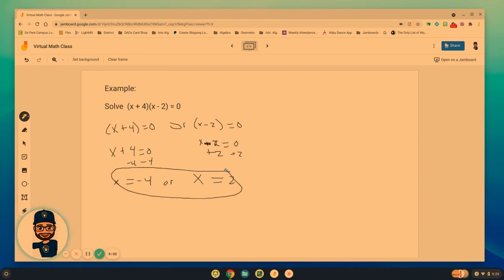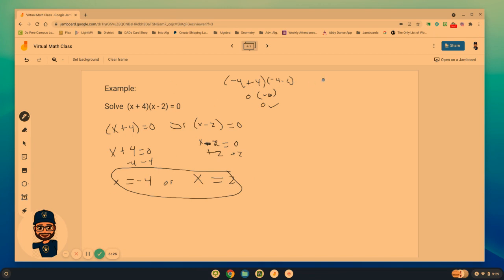And if we try to check our answers, if I plug in a -4, -4 plus 4 times -4 minus 2, -4 plus 4 is 0, and 0 times -6 is equal to 0. So that checks. The -4 worked. Let's check 2.